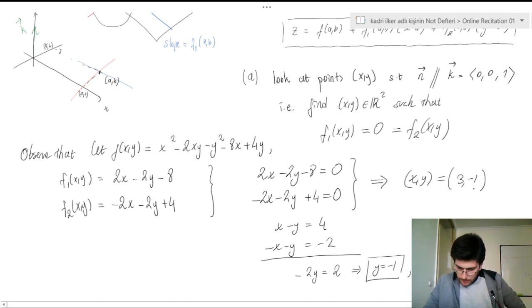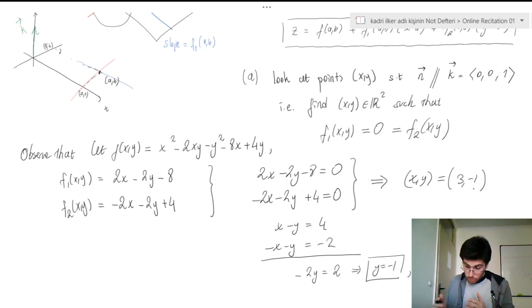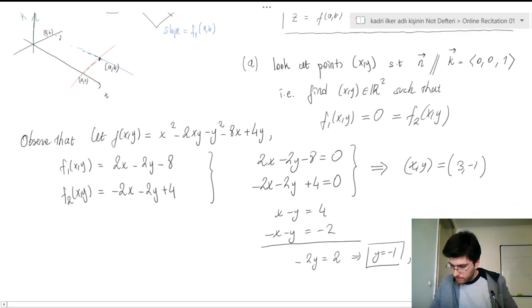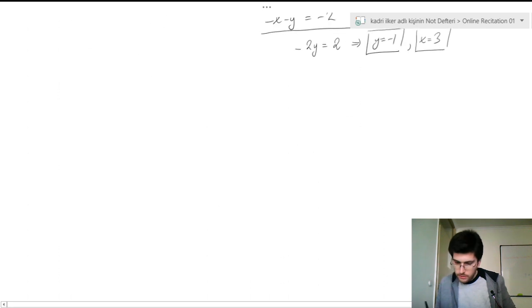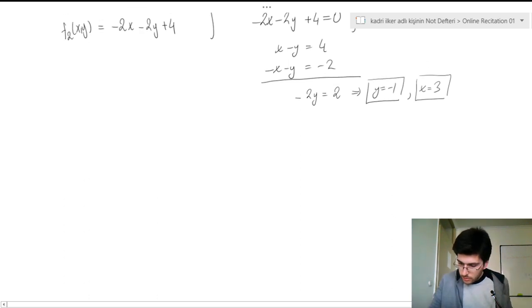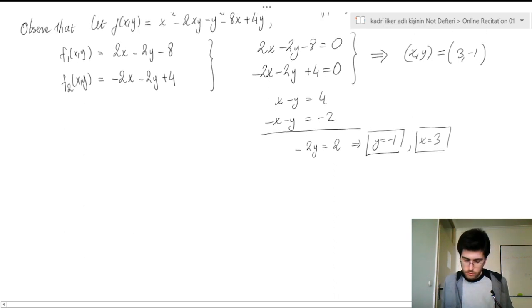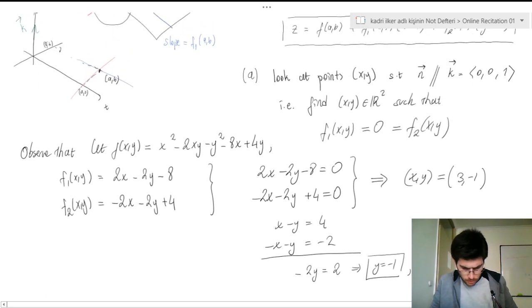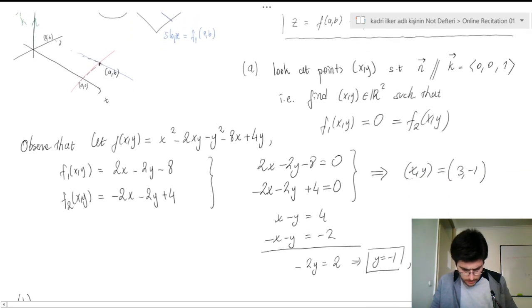Fine. So this is 1 point, and as you see, we have a unique solution in this case, so everything is fine. If you compute the tangent plane at that point, you have the desired condition. So what about part B? Let's try to understand. So where is part B?